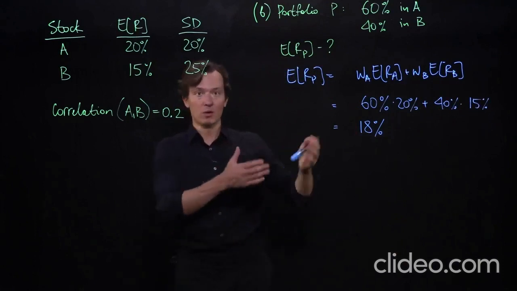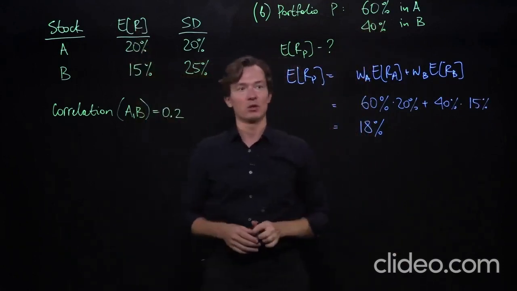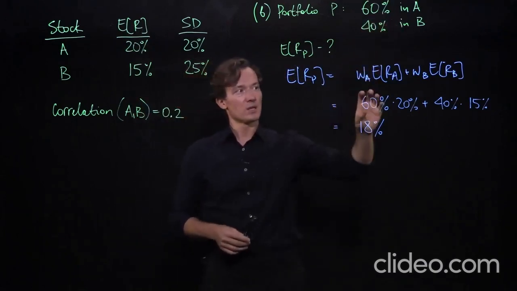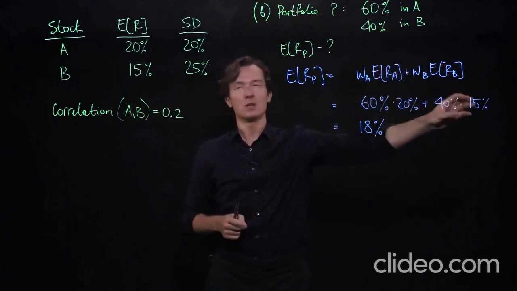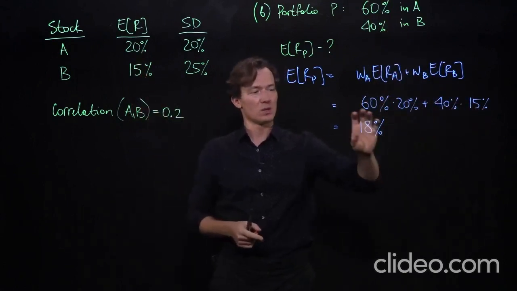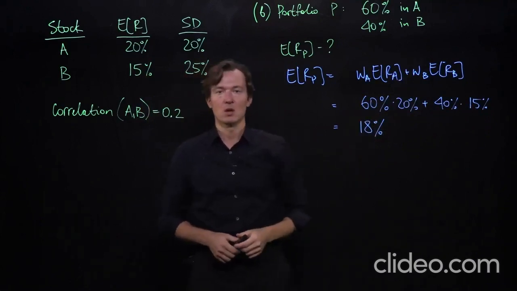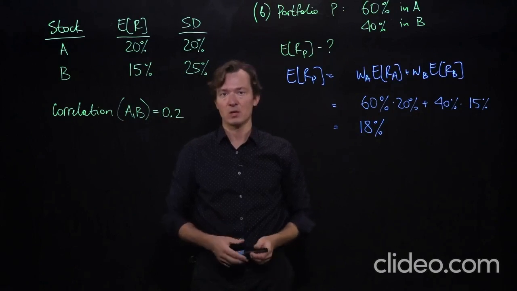Since we have only two stocks, we can plug in the weights and the corresponding expected returns. The weight in A is 60%, expected return 20%, 40% in B, and its expected return is 15%. If we compute this, this gives us 18%. So the expected return on this portfolio P is 18%.